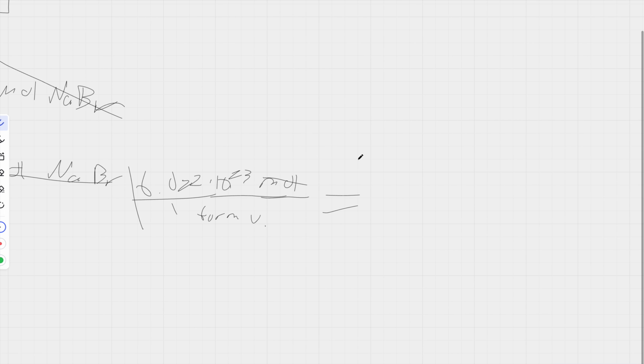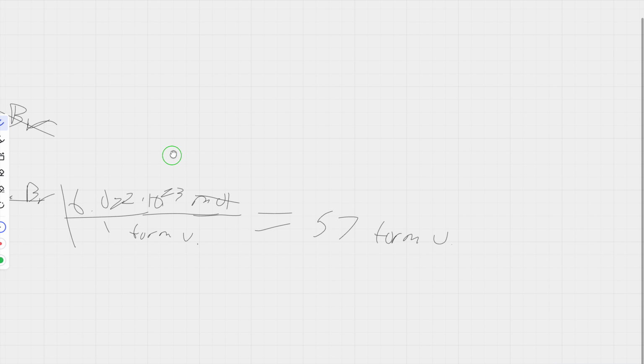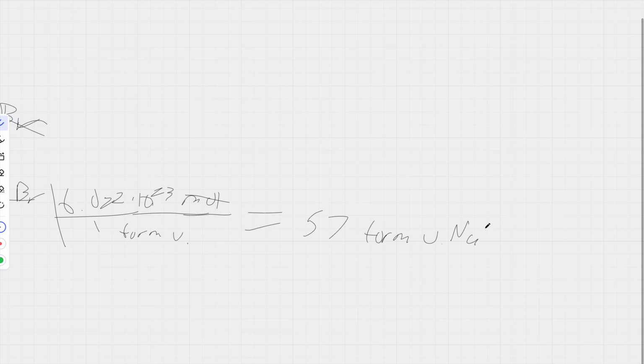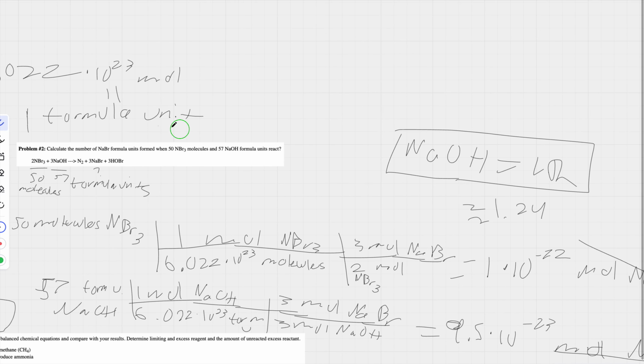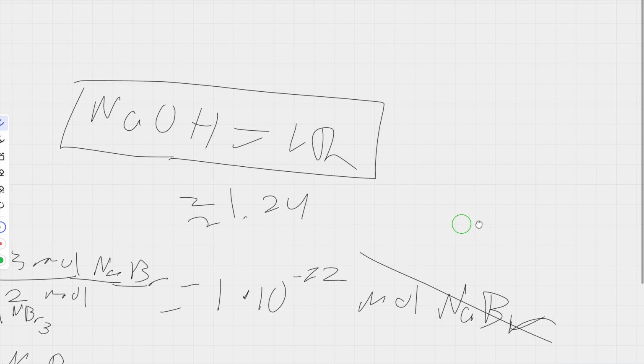Then finally we end up with 57 formula units of NaBr formed from combining 50 NBr3 molecules with 57 sodium hydroxide formula units.